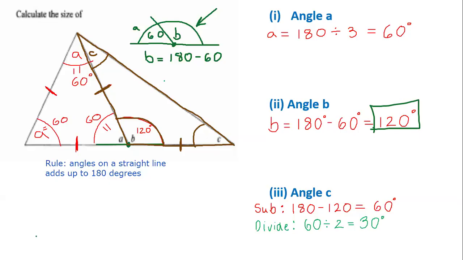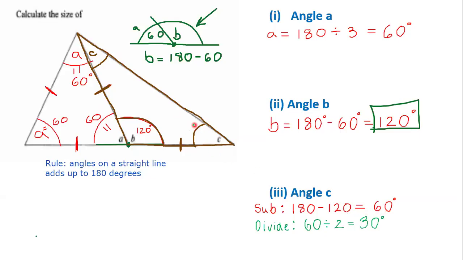Look, you see this triangle we're focusing on, right? We already know that this is 120. We know that these two are equal, right? When you told me to subtract 180 and 120, we got 60.